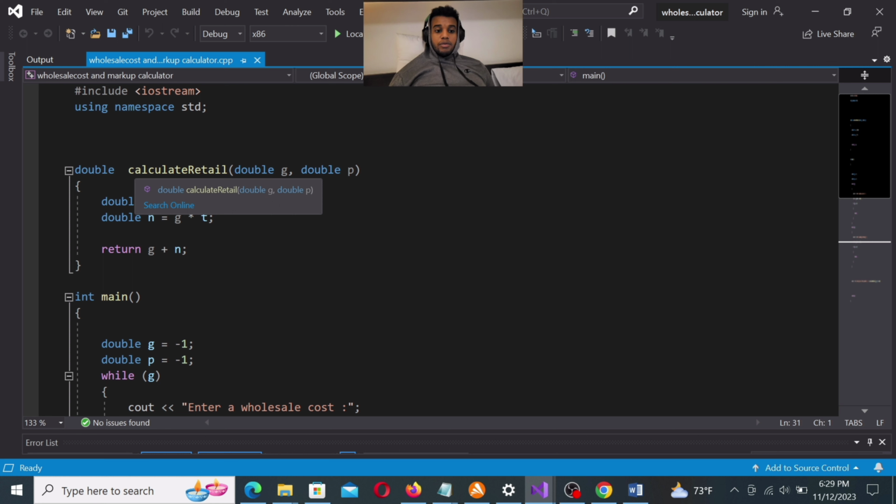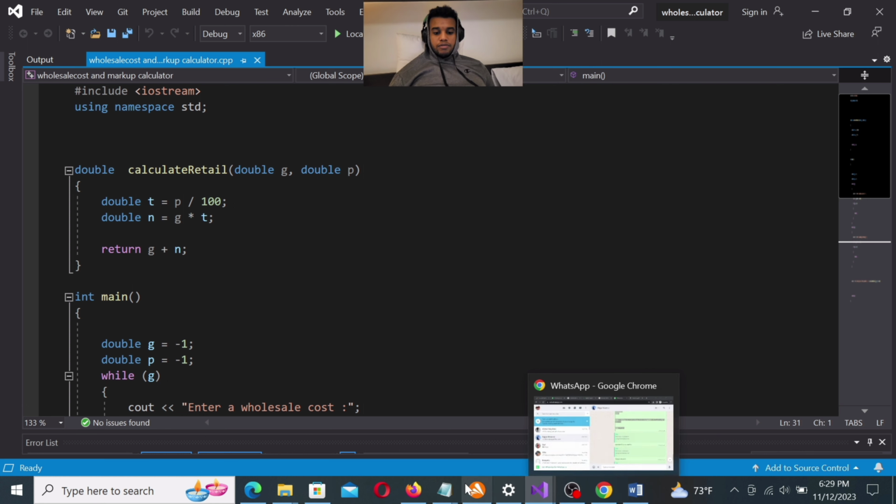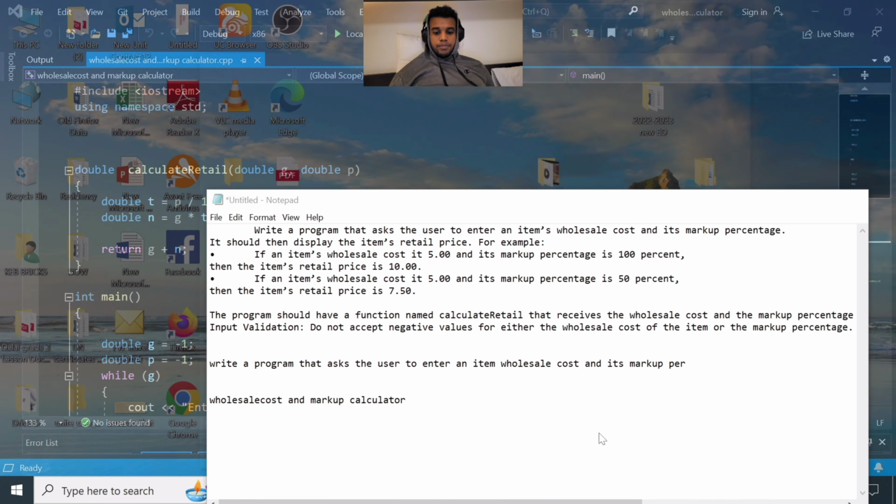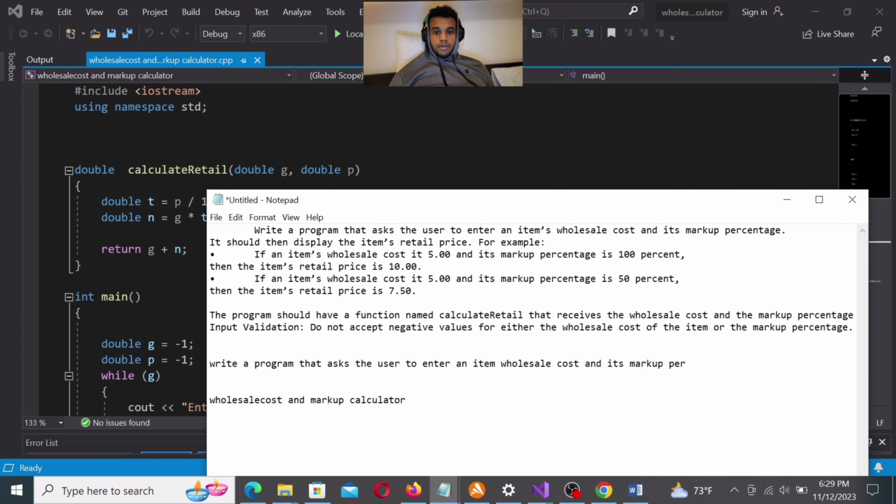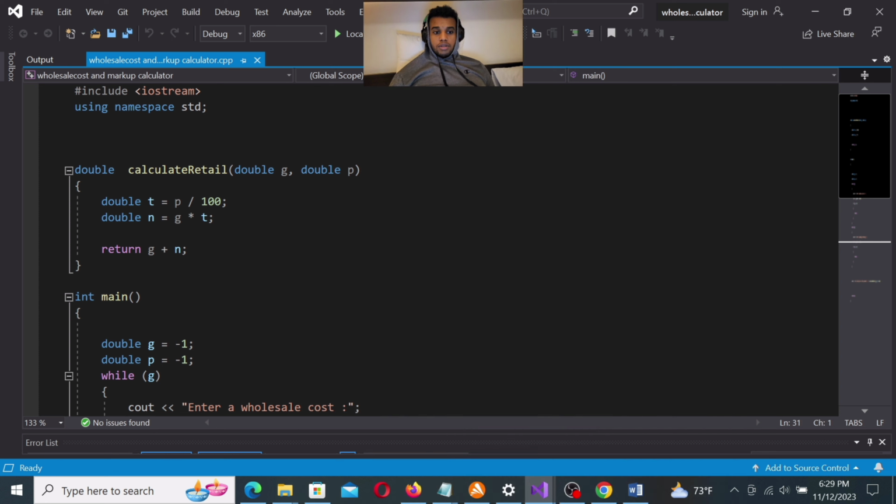And we're going to call the function calculateRetail, since we're trying to find the retail price by adding the wholesale price and the markup price. And we're using double G as our first variable in the function, which is for the wholesale cost.